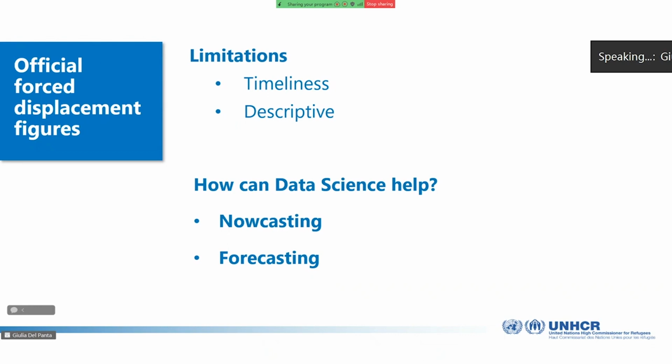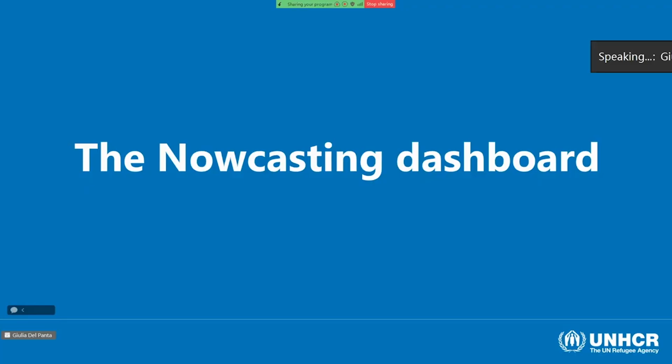So data science can help in two ways. One is nowcasting and one is forecasting. We've used nowcasting to create this nowcasting dashboard, where the aim is to give you an idea of the current forced displacement situation with a lag of just 2 weeks.